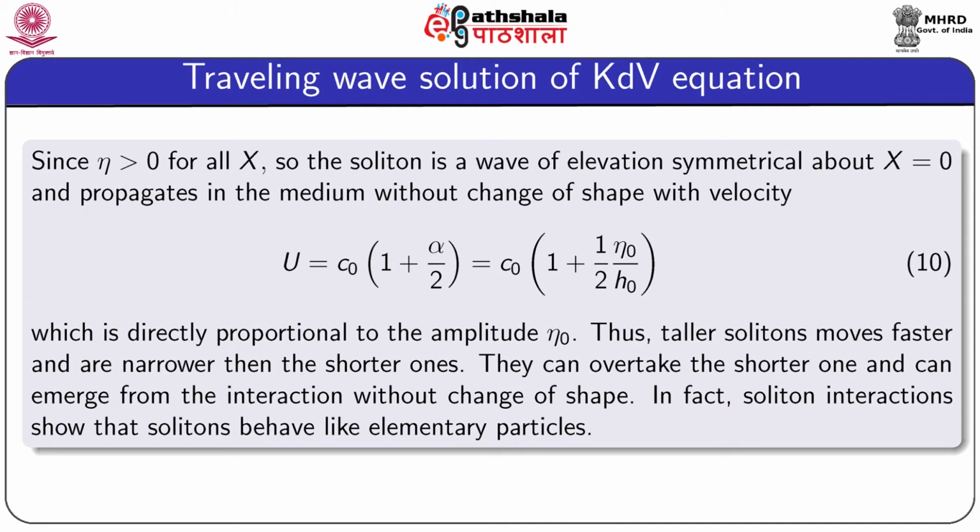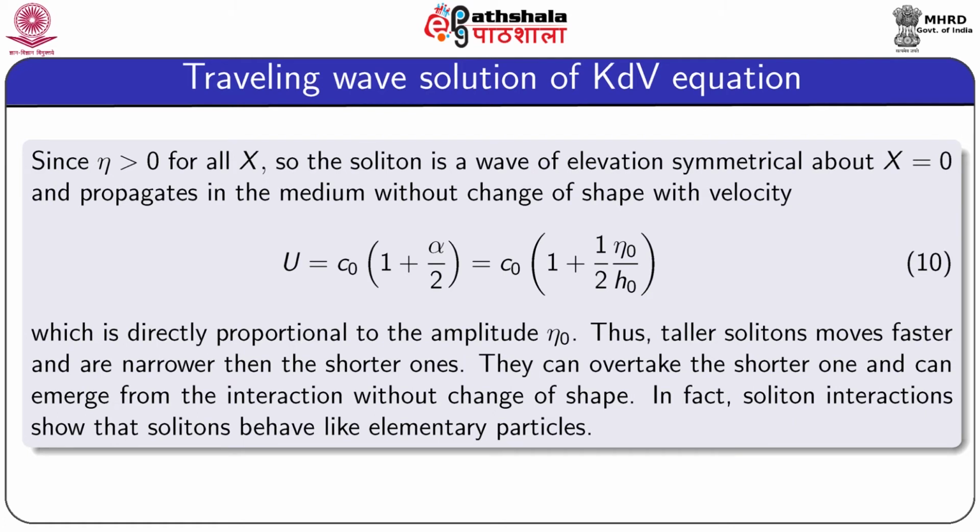It is to be noted that the velocity of the wave depends on eta 0, or in other words the velocity is proportional to eta 0. Therefore, the taller soliton moves with more velocity than the shorter soliton.